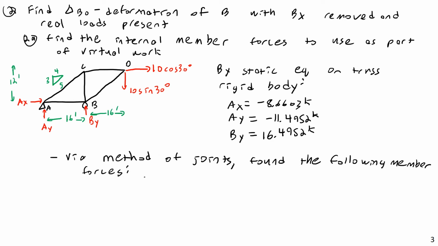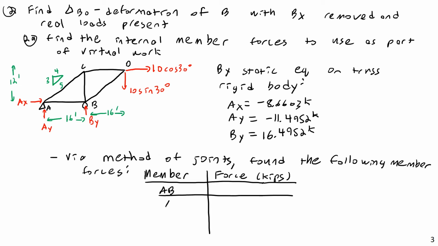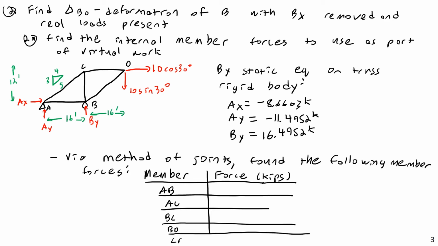And so member, and then the force I found. These are all going to be in kips. Okay, we have AB, and let's put a line there, and then AC, BC, BD, and CD. So AB has a force of negative 6.667, so 6.66 repeating.